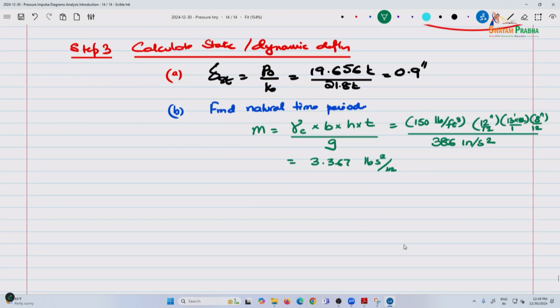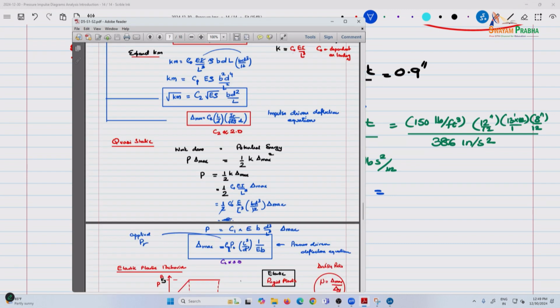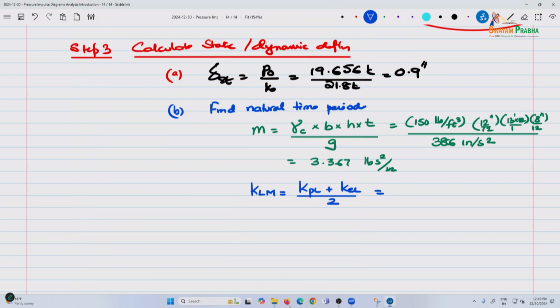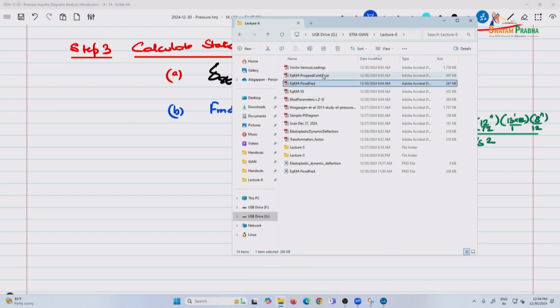Now here we use the equivalent mass. So here you can use K plastic plus K elastic by 2, and I had shown that equivalent mass, not this one, but equivalent mass for a propped cantilever.